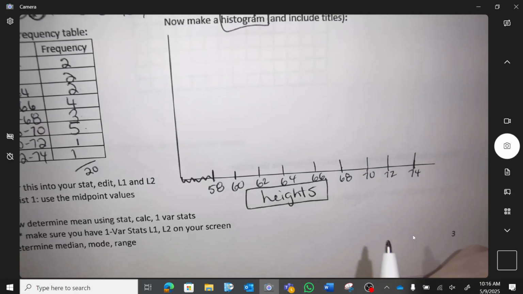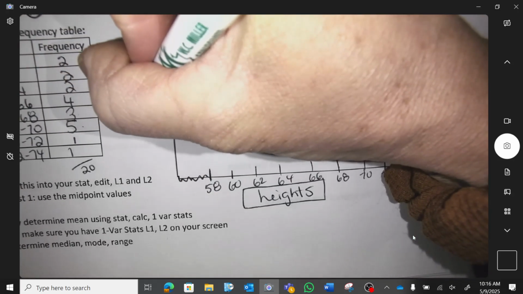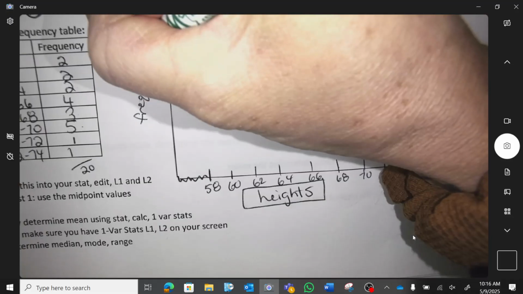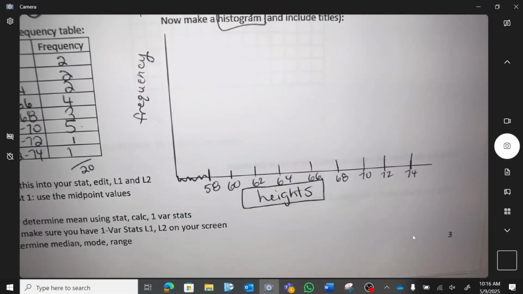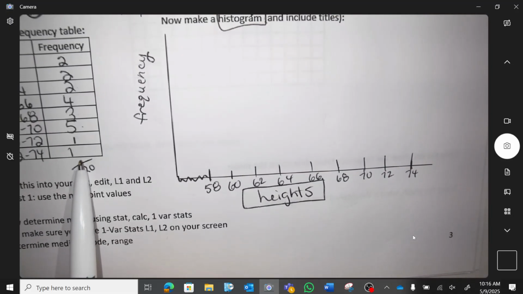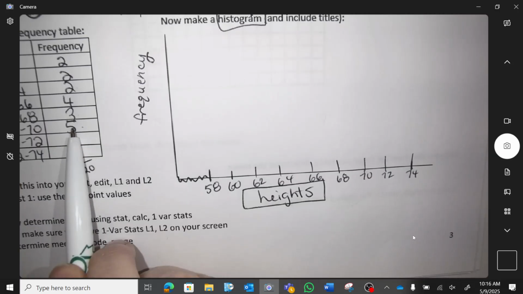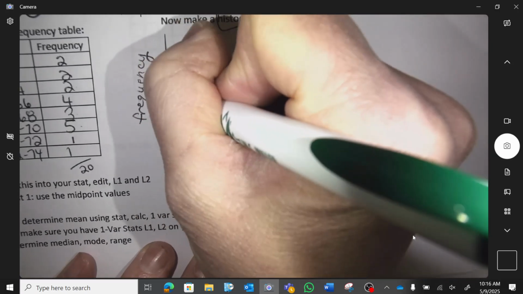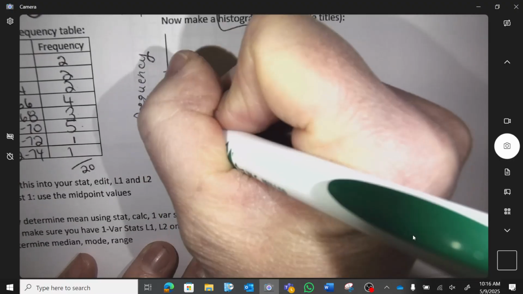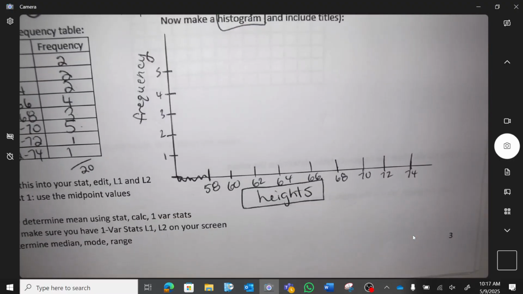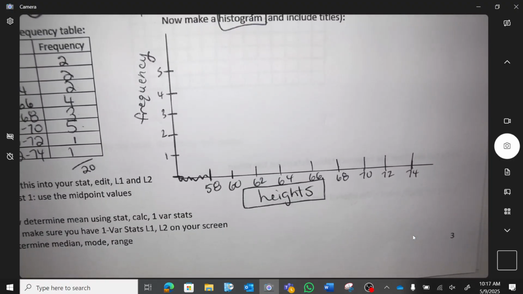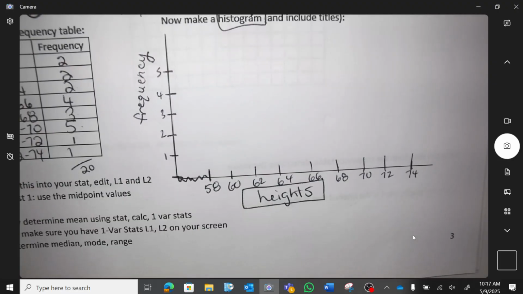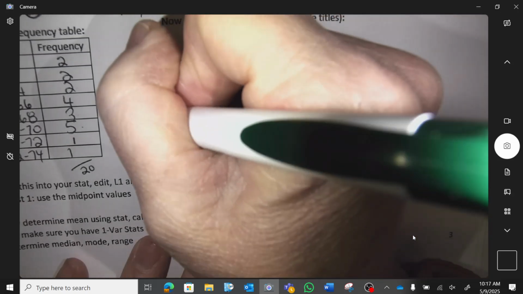All right. On the side, we're going to write frequency. I need to make my tick marks go up to 5, which would be the highest. So 1, 2, 3, 4, 5. Okay, and you are not done labeling.